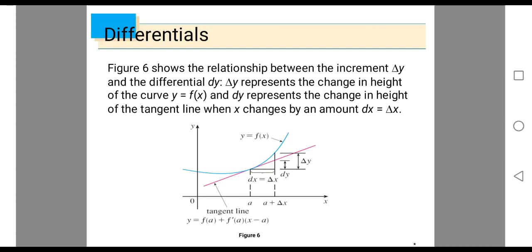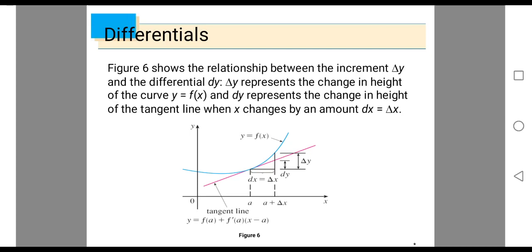This is our figure 6, and it says that this is the change in the height of our tangent line, dy, and delta y is the change in the height of our curve. So these two things are different, and they have a sort of relationship.